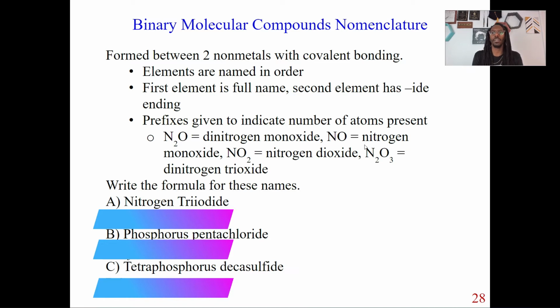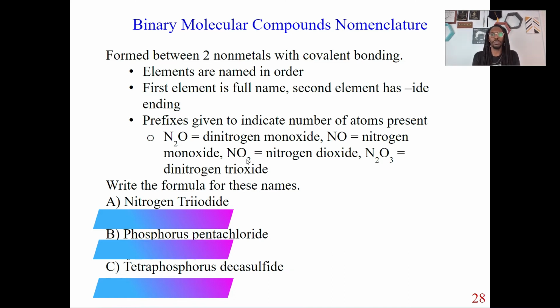So we're going to call this nitrogen monoxide. You don't have to use it for the first one. For the second one, the monoxide is needed to indicate that we have that one oxygen. If you're just naming nitrogen by itself, it's implied that there's one nitrogen there. There's no need to say mononitrogen. We get it, it's one nitrogen.